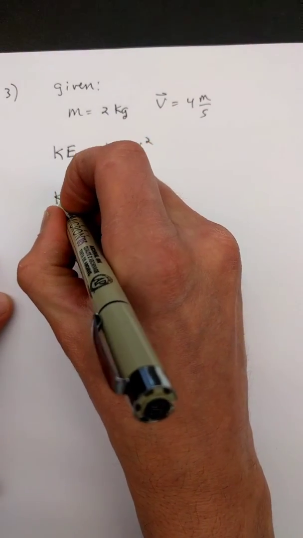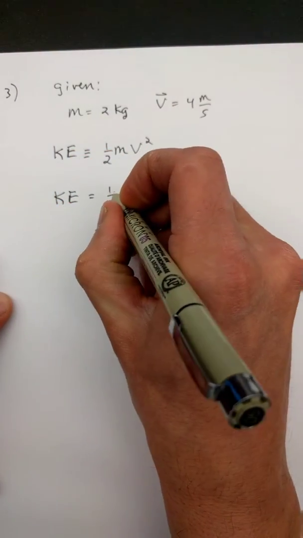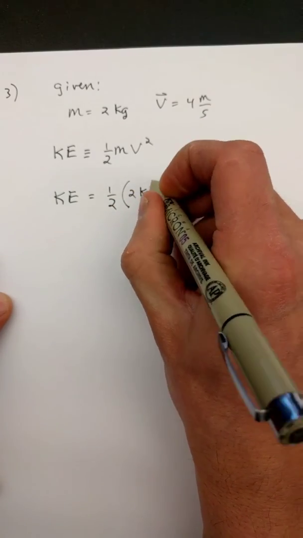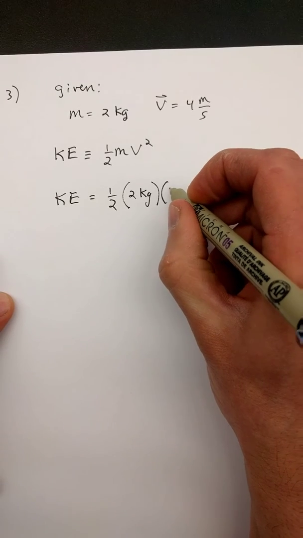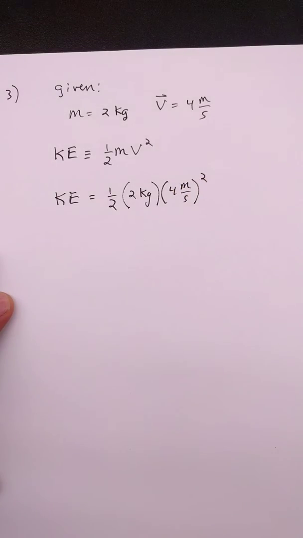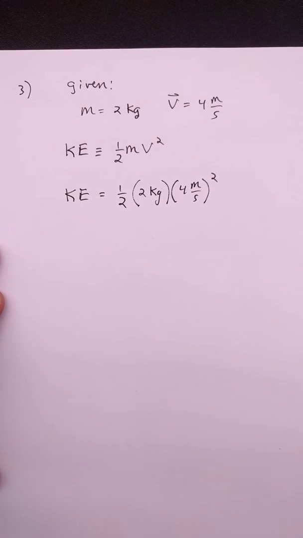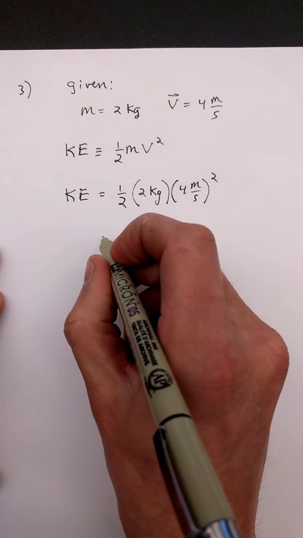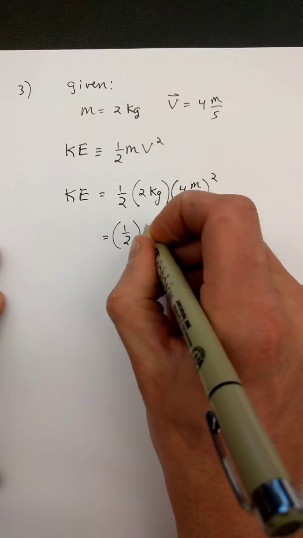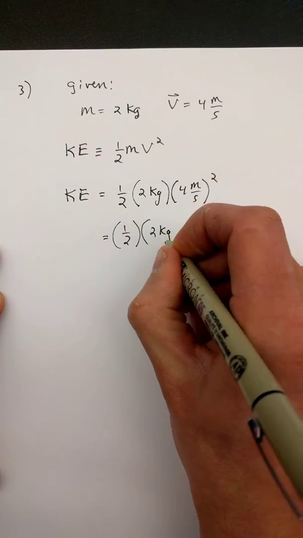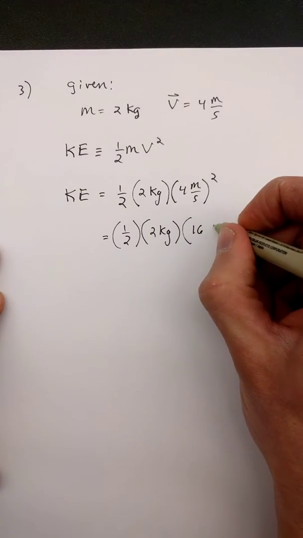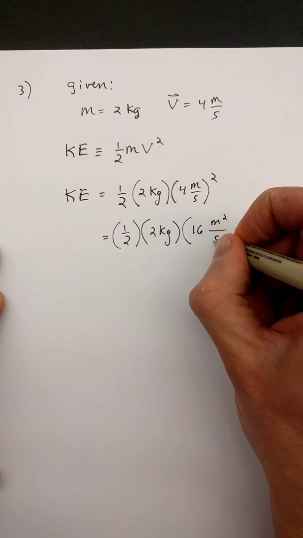So let's do it. Kinetic energy, 1/2 times the mass times the velocity squared. Use your order of operations. 1/2, 2 kilograms. When you square the velocity, don't forget to square the units: 16 meters squared over second squared.